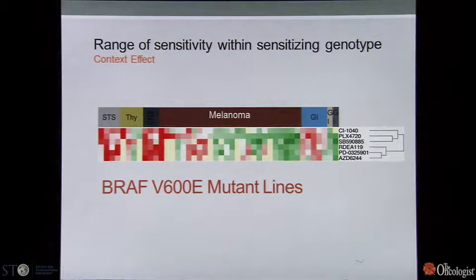And these are pretty specific, and we don't get very homogeneous responses. What you can see also, and this is borderline statistically significant, is that similar to what we see in the clinic, although not necessarily for the same reason, melanoma lines are more responsive than cell lines coming from other types of cancers or origin. Again, all of these lines are V600E mutant lines.